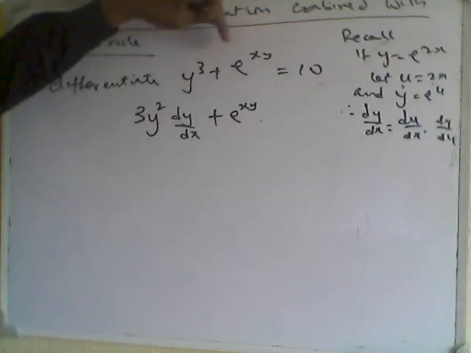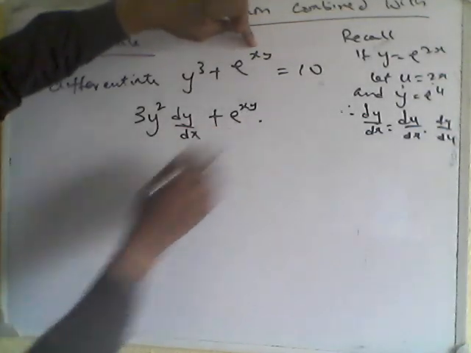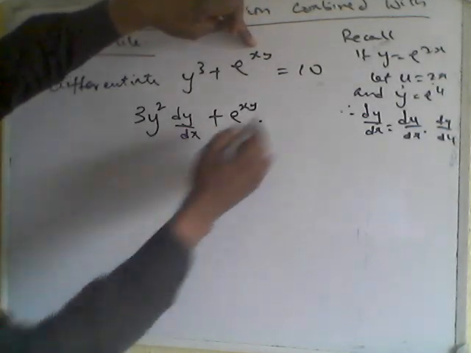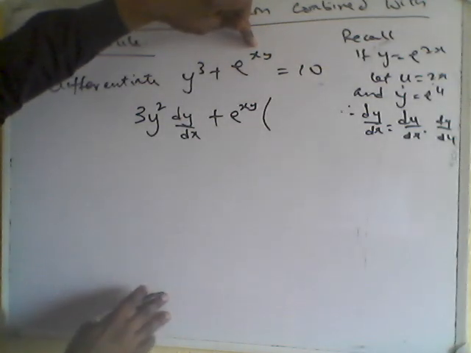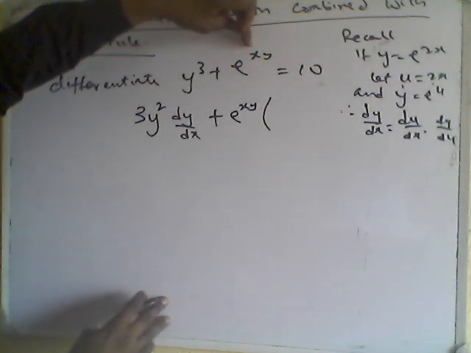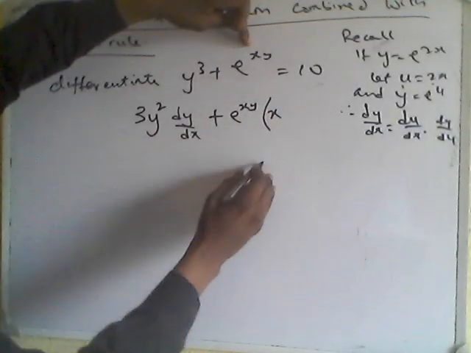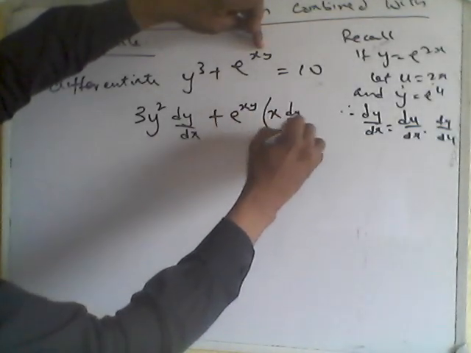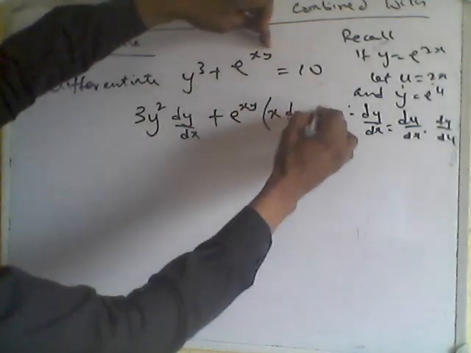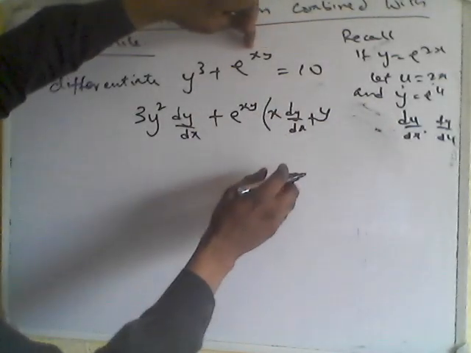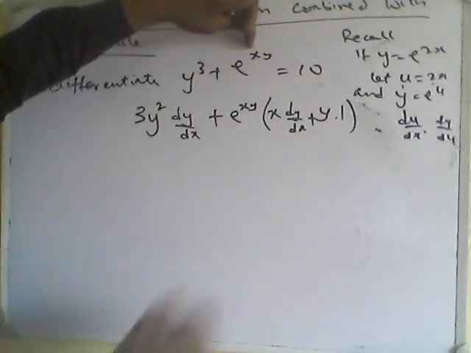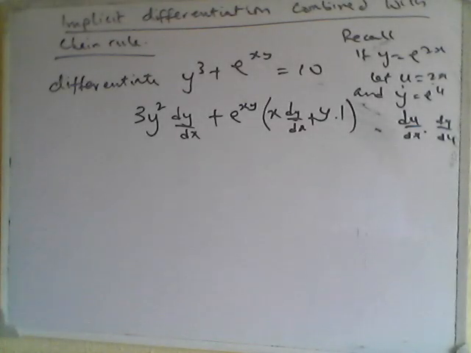So I will just say times, and I'll open a bracket because it's going to be a sum of two terms. I will now say x dy/dx plus this y, then dy/dx here is 1. Okay, so that's it.